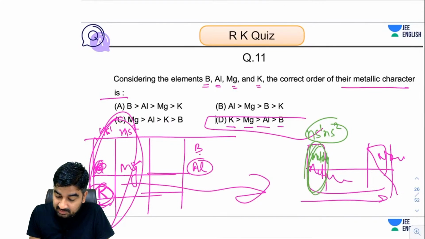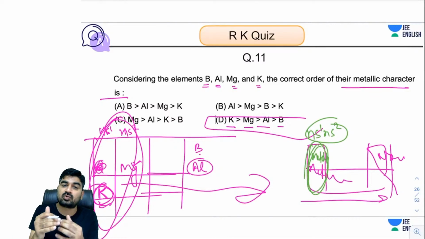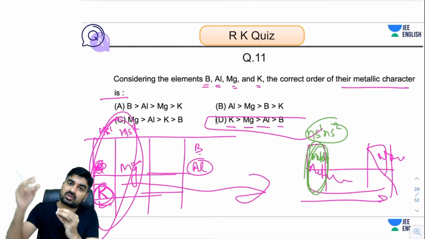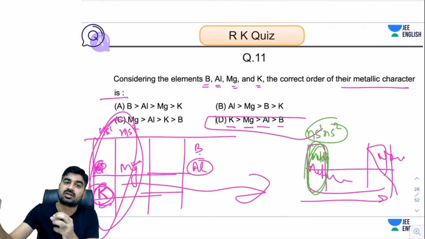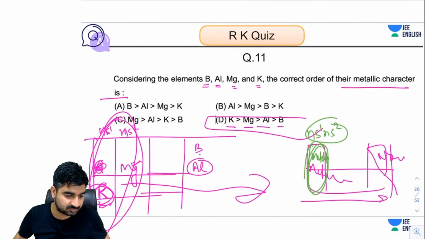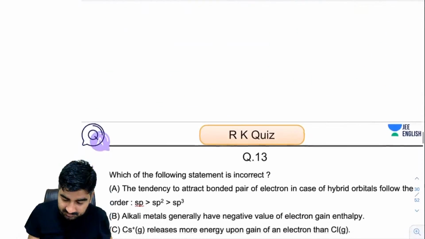Now, if they can easily lose electrons, they will have the largest metallic character, and as size increases, the tendency to lose electrons also increases. Why? Because as size is increasing, the attraction of the nucleus on the electrons keeps on decreasing, because it is going farther and farther. Right? So now let's move to the next point.